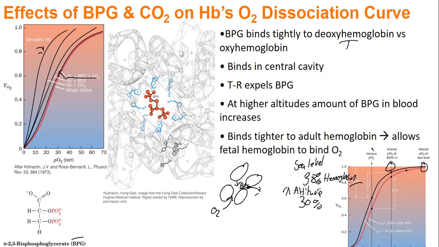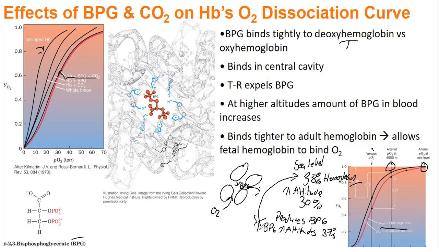However, what happens after a couple days at high altitude is that your body produces more BPG. So your body will naturally make more BPG. And what will happen, shown on this red line, is that at high BPG in high altitudes, you can deliver 37% of oxygen from your hemoglobin, which is the same as at sea level.